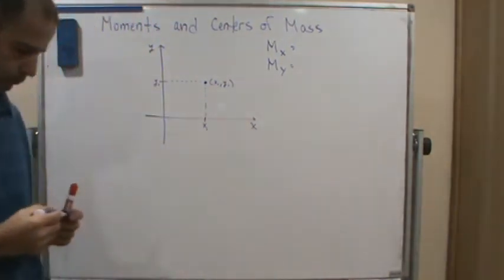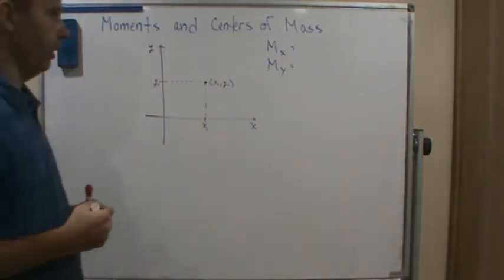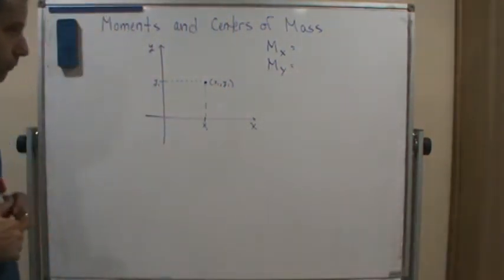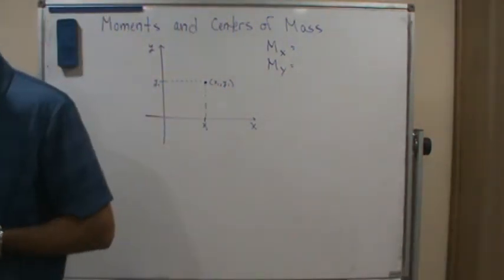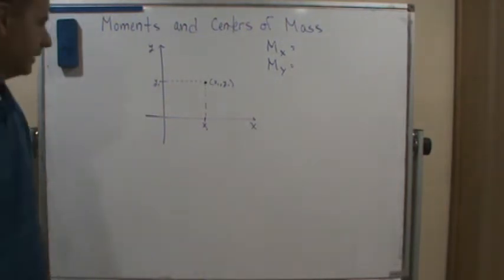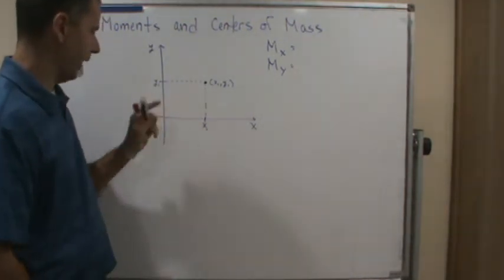Now, with respect to the x-axis means that I'm going to figure out what my distances are from the x-axis, which means it's going to be in terms of y, right?